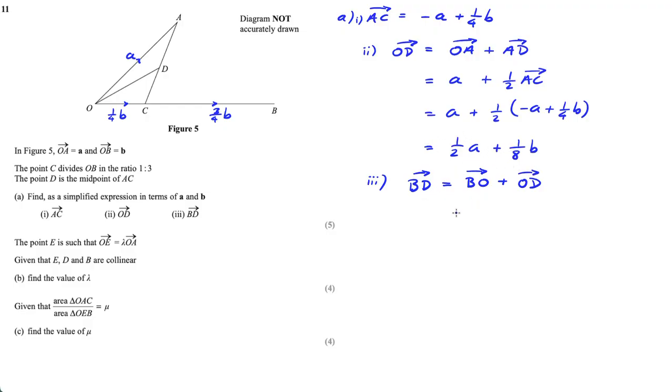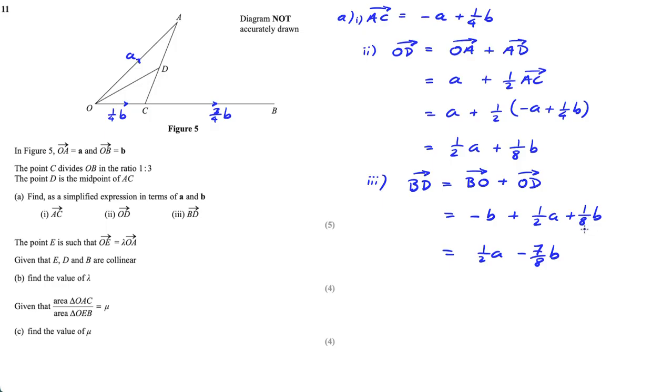So BO is just minus B, because it's like minus OB. And then OD is this, so this is plus a half A plus 1/8 B. This is equal to a half A and then minus 8/8 B plus 1/8 B is minus 7/8 B. Okay, that is part A.